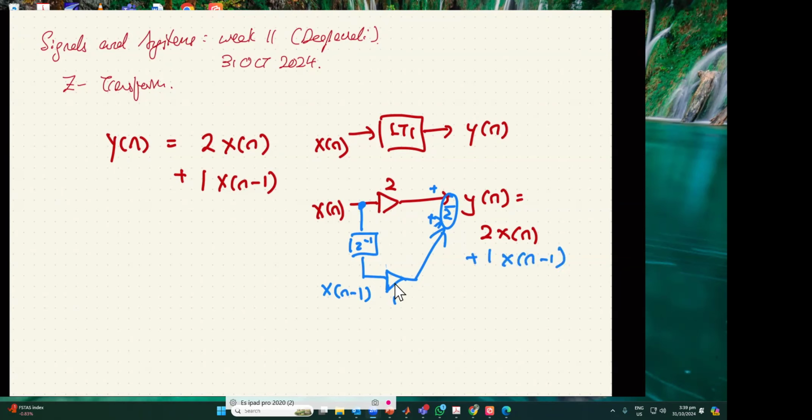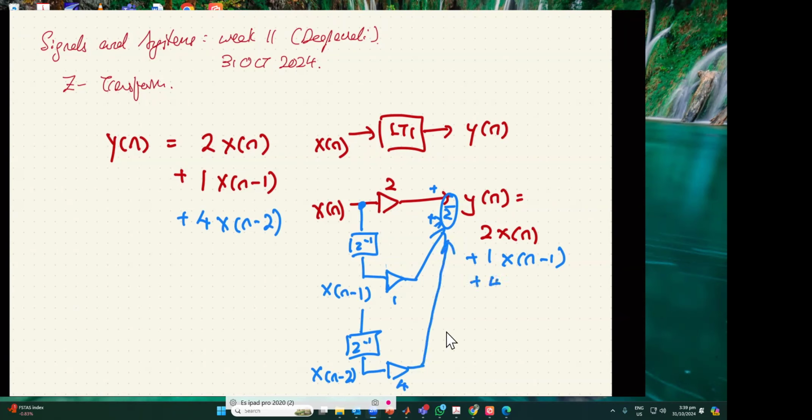So this is all very easy. And of course, if we keep on doing this, another z minus 1, this will be x of n minus 2. And now let's add plus 4 x of n minus 2. Of course, you can multiply by any number, any real number. On the left, this is called the difference equation.